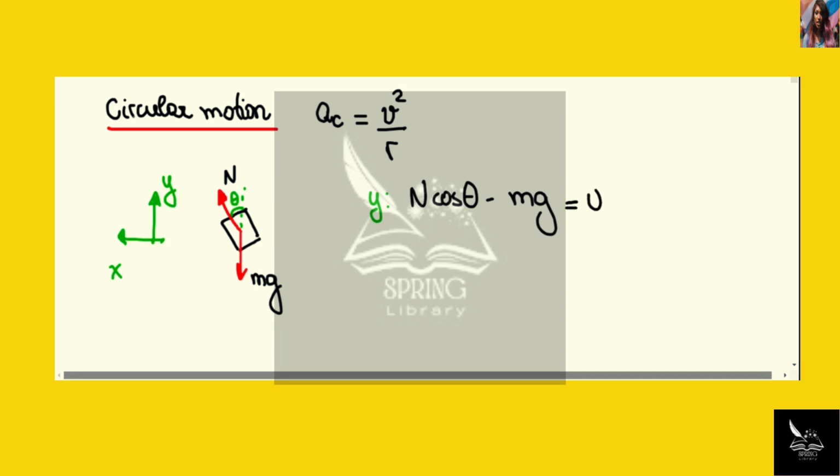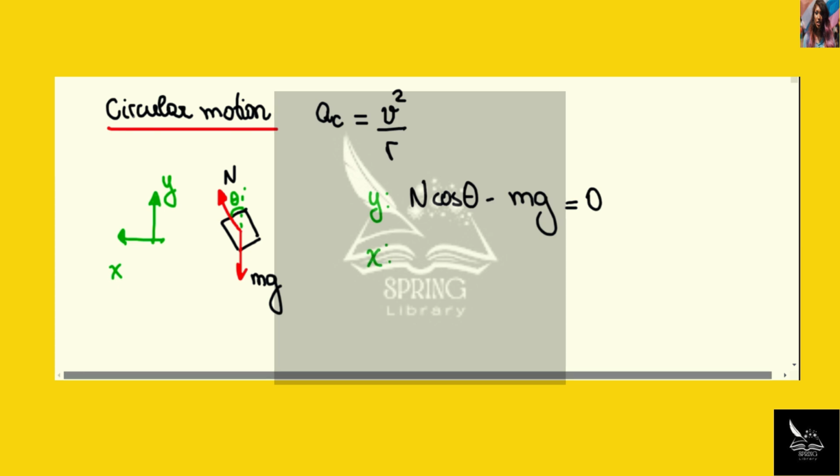This must be equal to 0 because, according to the exercise, we need only the normal force to be acting on the driver, meaning that the gravitational force must be canceled out.